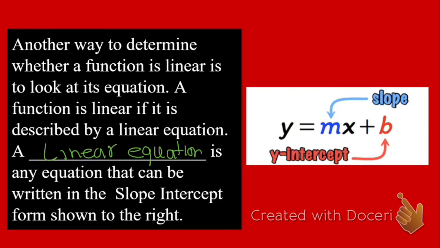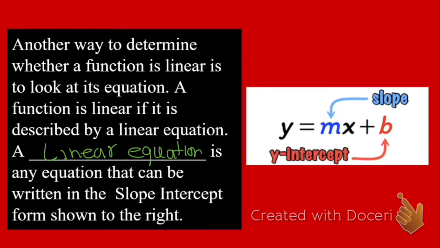So for us, slope-intercept form is y equals mx plus b, where m is the slope and b is our y-intercept. Okay, if it fits that format, then it is a linear function. It has to fit that format.